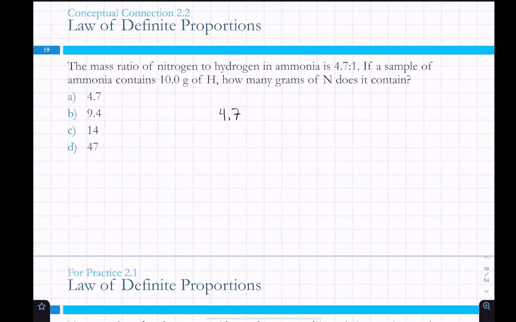So it's 4.7 nitrogen, 1 hydrogen. This is a ratio. Ratios can be weird sometimes. Actually, this one's not too bad.